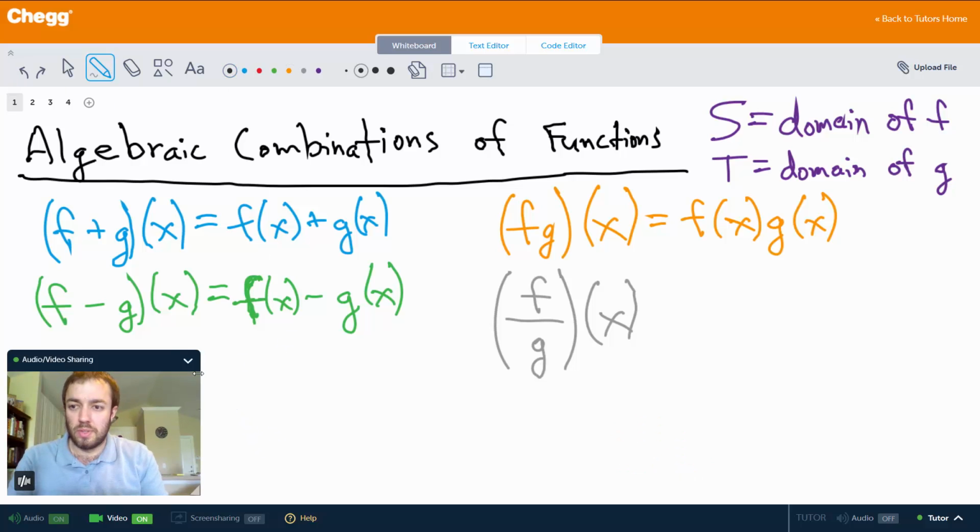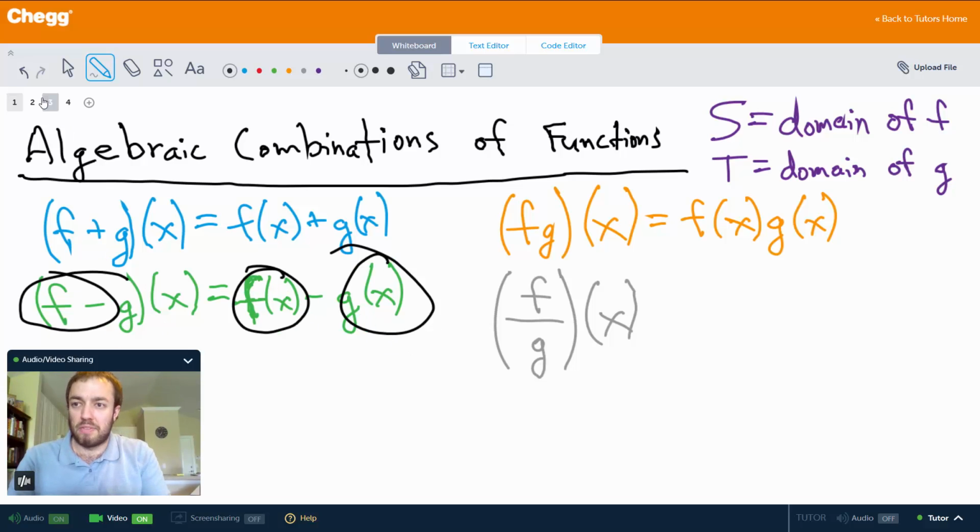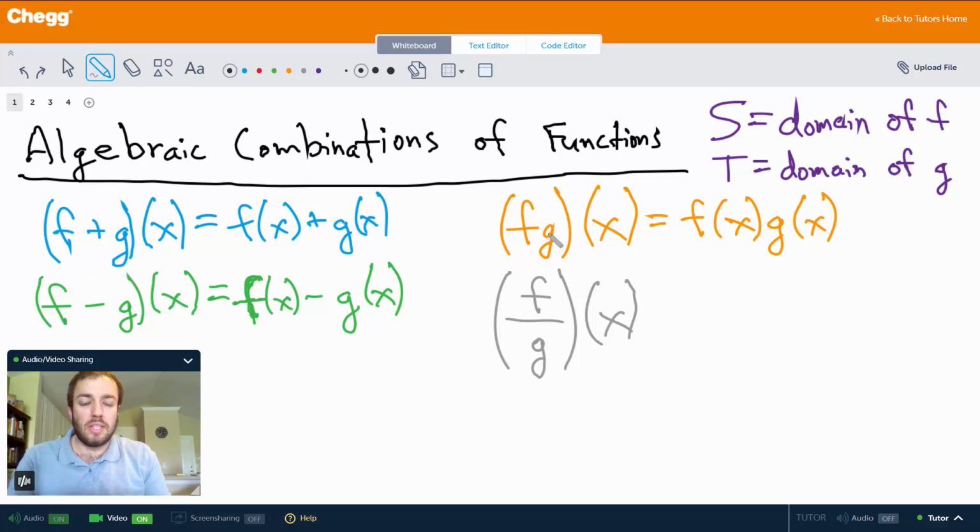The same exact thing is true of f minus g. To even make sense of f minus g, f of x and g of x both have to be defined. And the same thing with f times g. Otherwise it doesn't even make sense to talk about f of x times g of x.